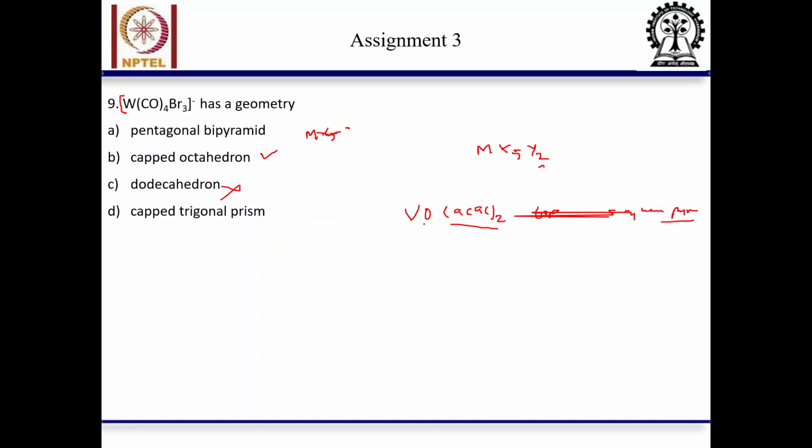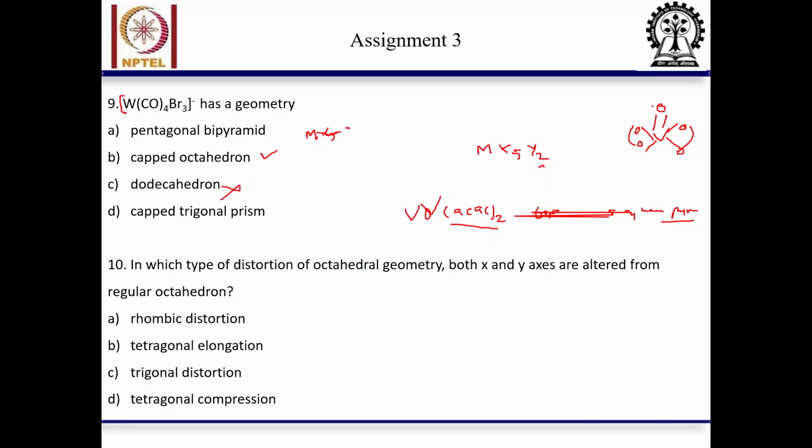Your vanadium will be here, the acac oxygens will be here, and one double bond V=O will be here. This is the most favorable geometry because it's more symmetrical, right? You can't say that it will be a trigonal prism, because the V=O bond will always be on the axis. So you have to see where the favorable geometry is. That's how you can guess the answer.